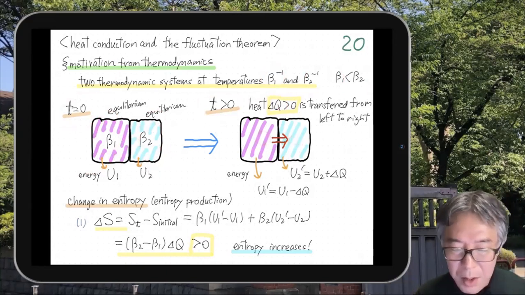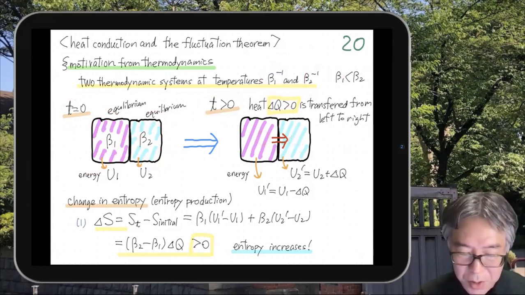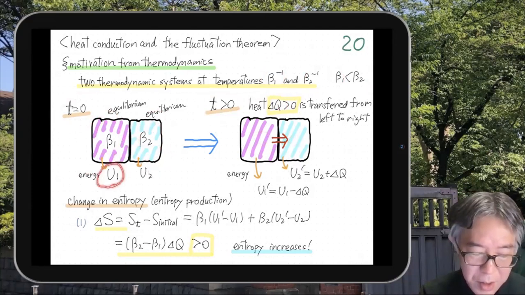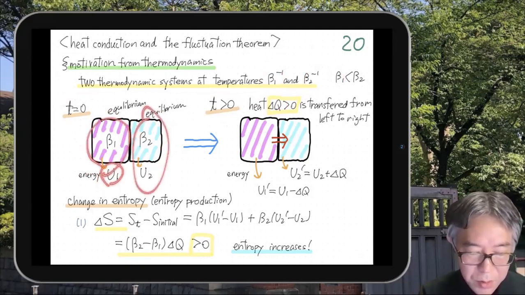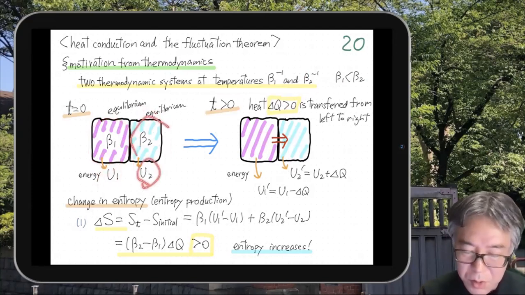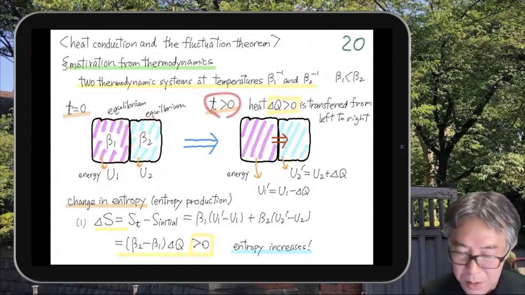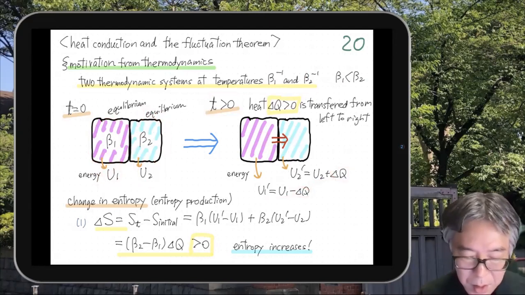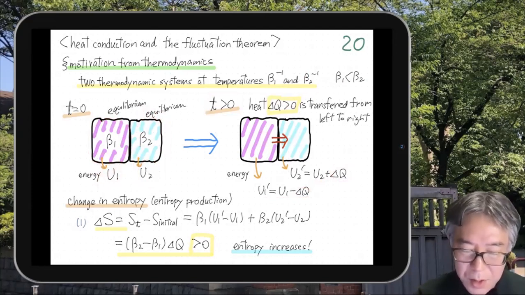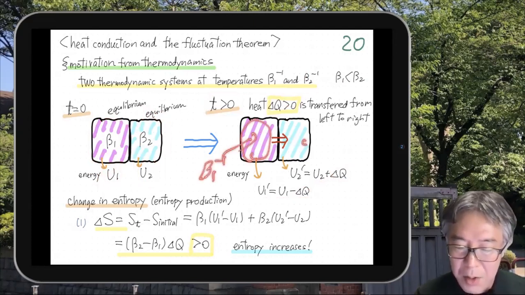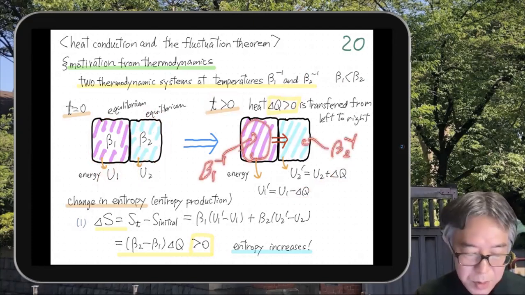From the energy conservation, let's say the initial energy of system 1 is U1, and the energy of system 2 is U2, and then at time t, their energy becomes U1 minus delta Q and U2 plus delta Q. And I also assume that delta Q is so small that this body still has essentially the temperature beta 1 inverse, and this still has temperature beta 2 inverse.